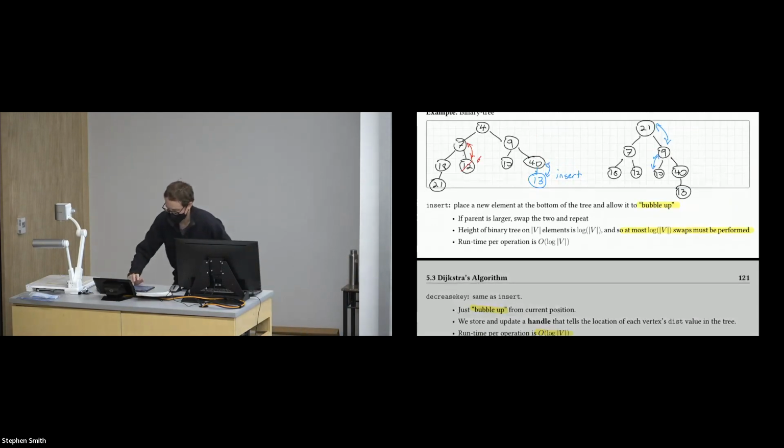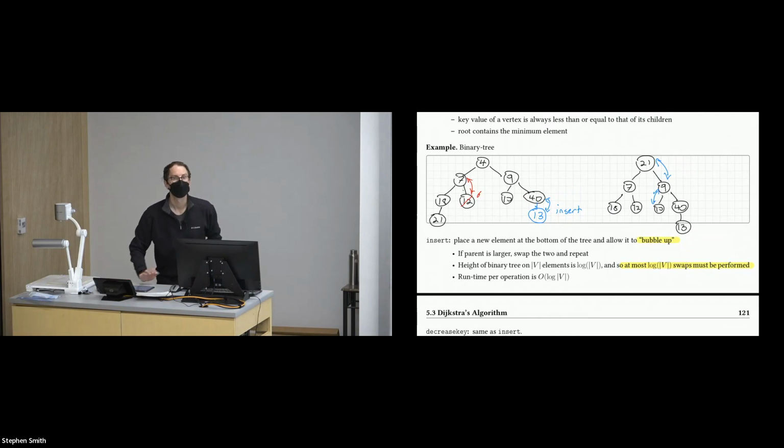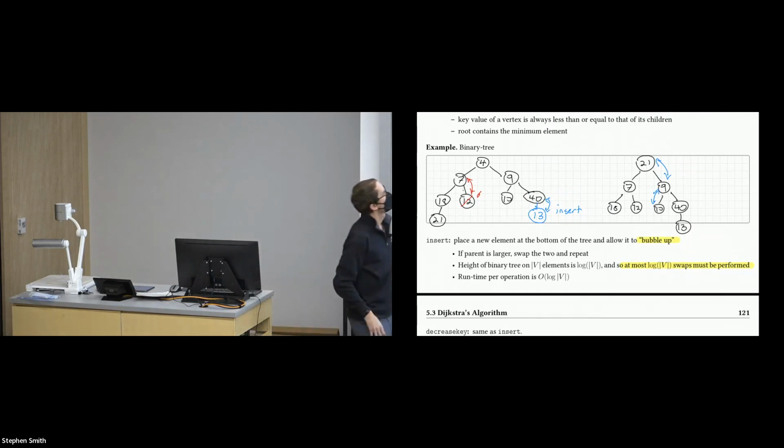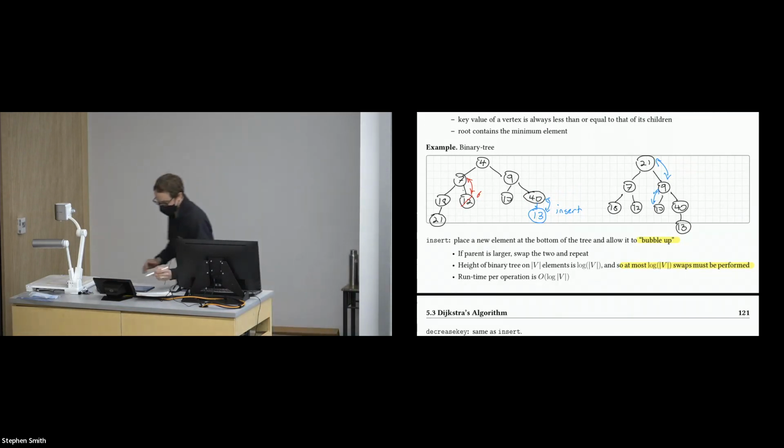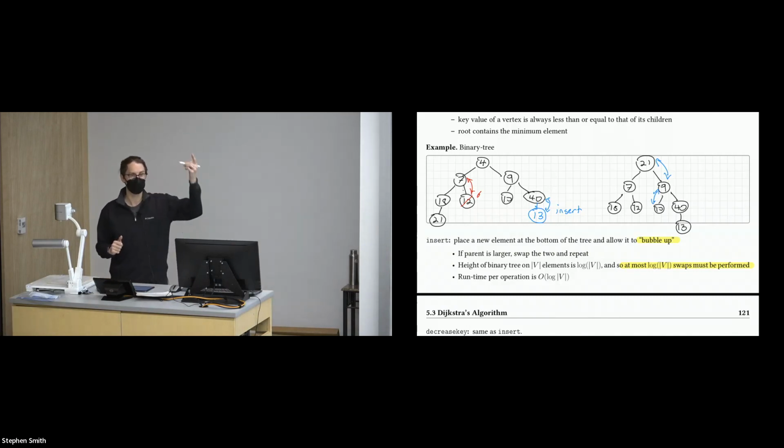Oh, sure, yeah. Oh, you're right. Yeah. Thank you. So what was just said is that I should have swapped with the smaller child, right? To make sure that the actual smallest element gets up to the top. Because what I did, when I swapped with 9, then 9 is at the top, but 7 is smaller, right?